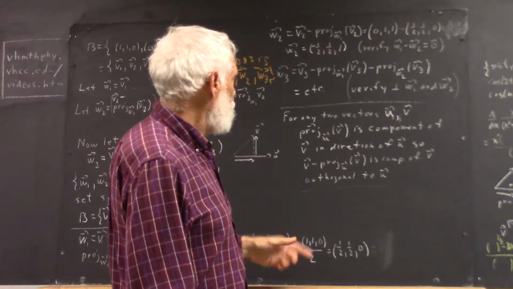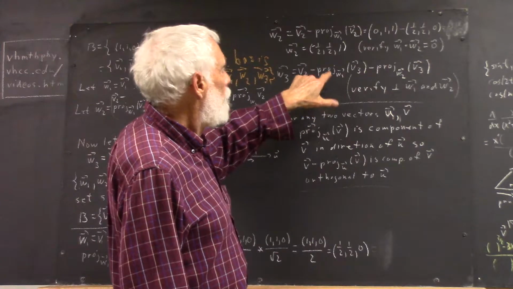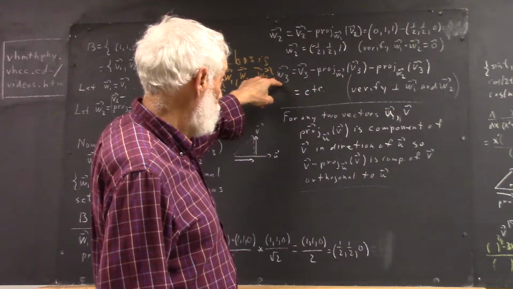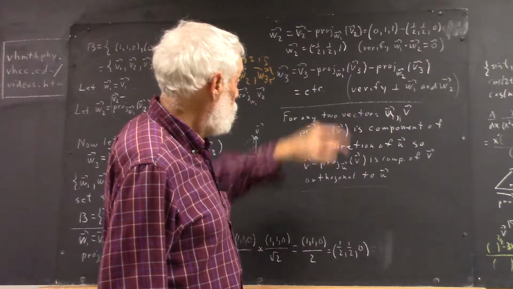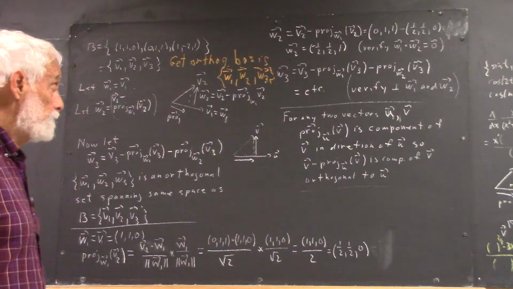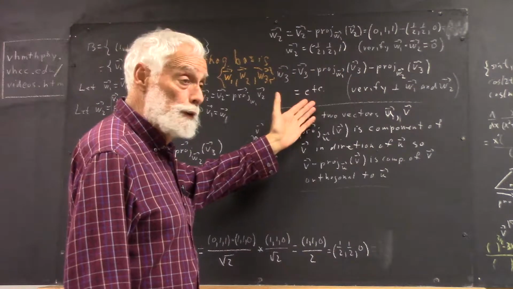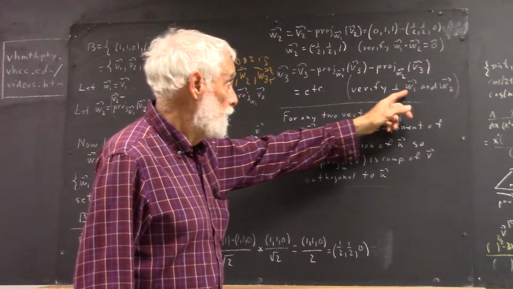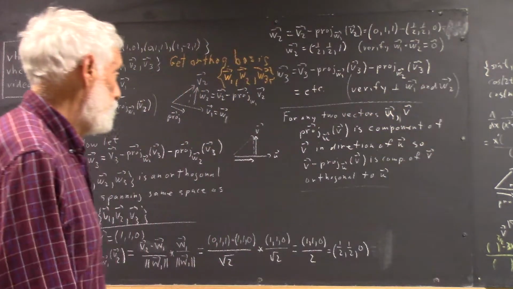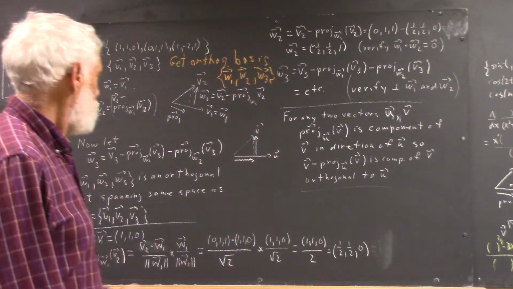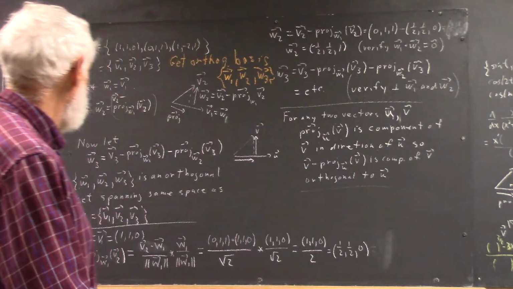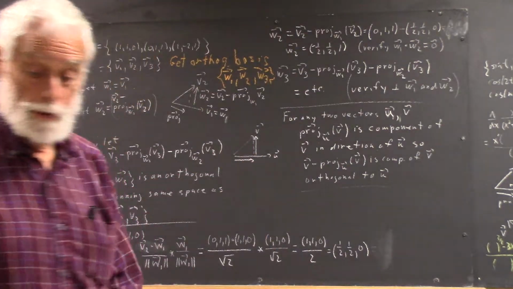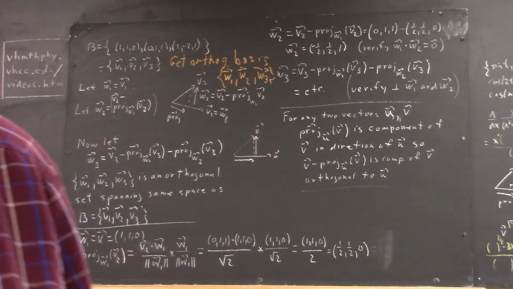And we're going to have to subtract the projection of V3 onto each of those vectors from the V3 vector in order to get our W3 vector. Now, I didn't actually do that. I just left that as something for you to complete, and then to verify that this W3 is perpendicular to W1 and W2. And what I've written here, I've already talked about, so I think we're in good shape here.